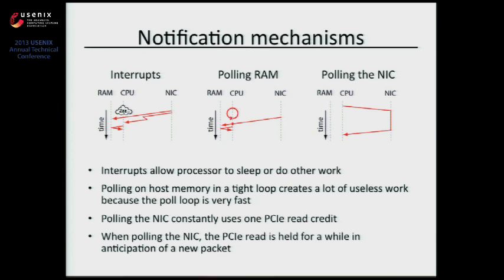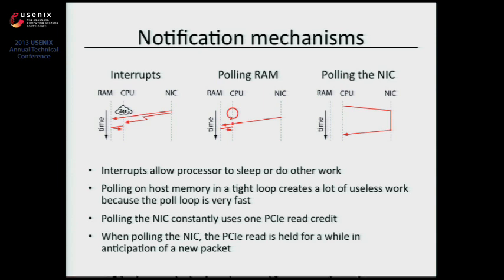And this ends up creating a lot of useless work because this polling loop is really fast. And then once the NIC actually has some useful work, and it does write to the memory location that you're polling on, that will invalidate your cache line in the cache, and you will now incur a cache miss just to get the data that you require to process the packet.